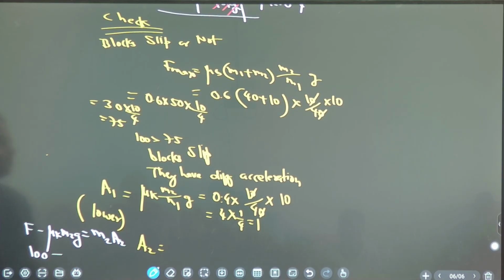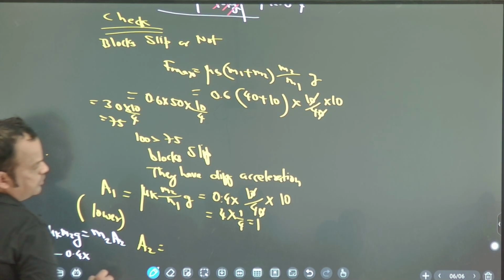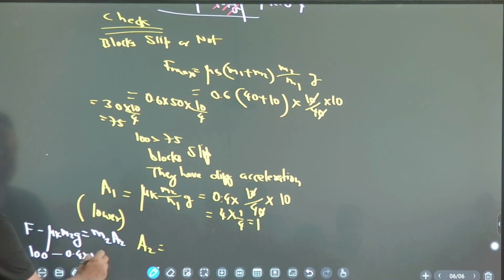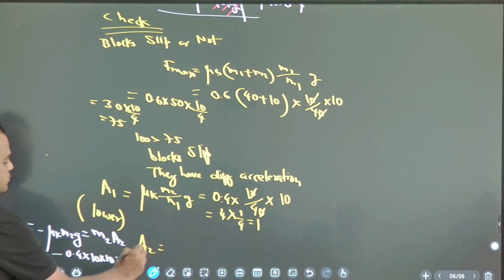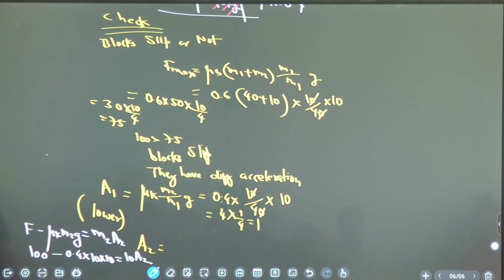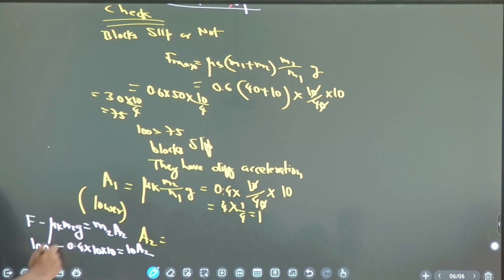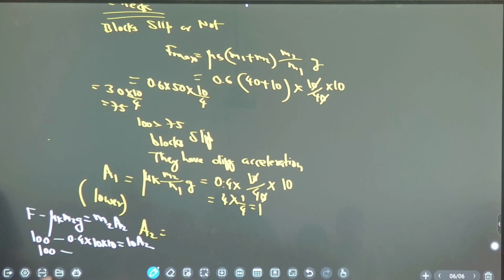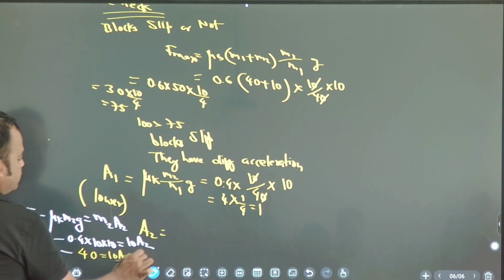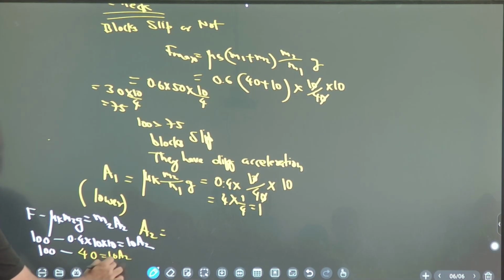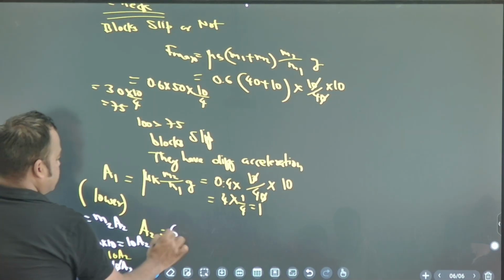Mu k M2G, how much? 0.4 M2 is equal to M2A2. Solve this. So 100 minus 40 is equal to 10A2. So 60 is equal to 10A2. So A2 is equal to 6.